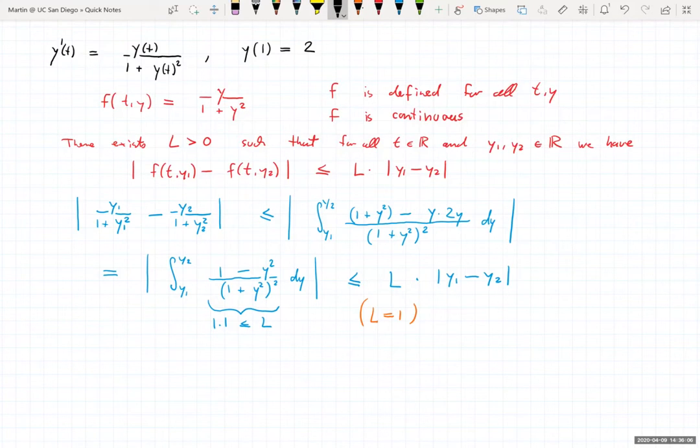Okay, with that in mind, we can apply this existence and uniqueness theorem, and we get that there exists a unique solution y which starts at 1 in this example and goes up to infinity.